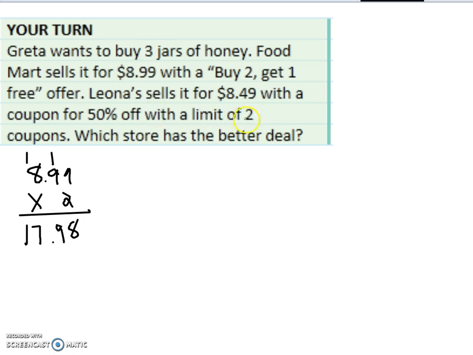Then Leona sells it for $8.49 with a 50% coupon with a limit of 2 coupons. Well, if I only get 2 of them and they're 50% off, that would actually just be $8.49, because if I take 50% off of $8.49, that just adds up to 2.